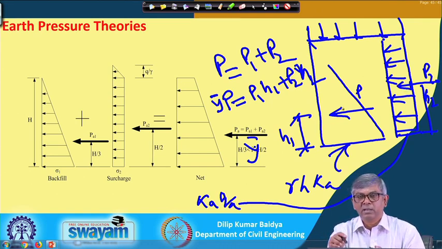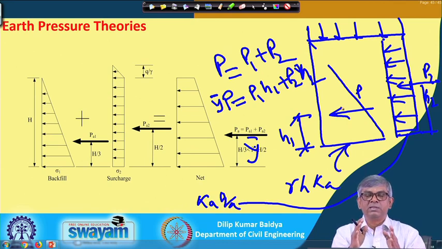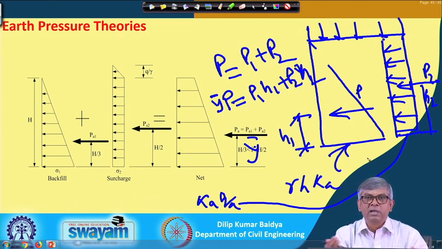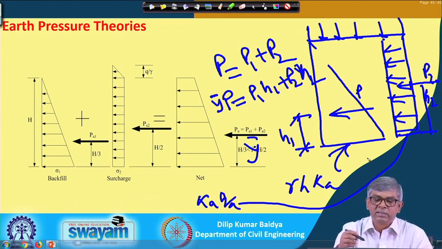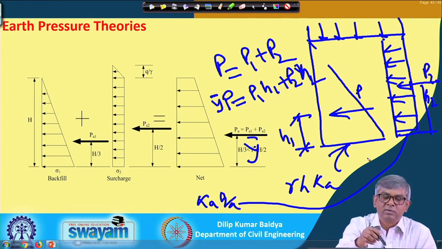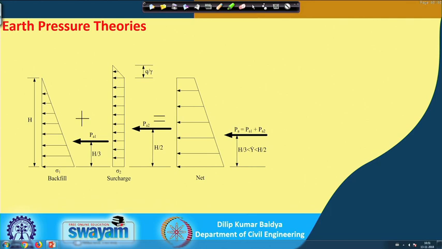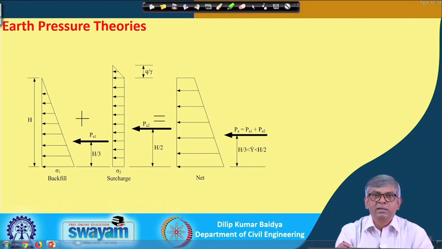So first, without surcharge, you draw the pressure diagram, and then add another diagram with constant pressure intensity throughout the depth, equal to K times q, and then sum it. Then we can find the resultant pressure, the resultant thrust and all those things.